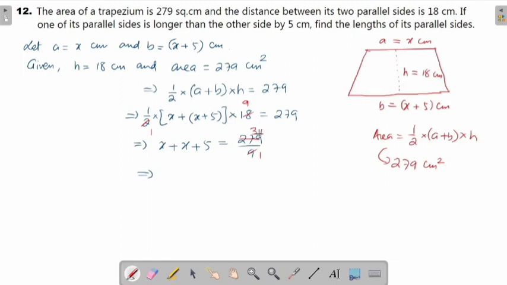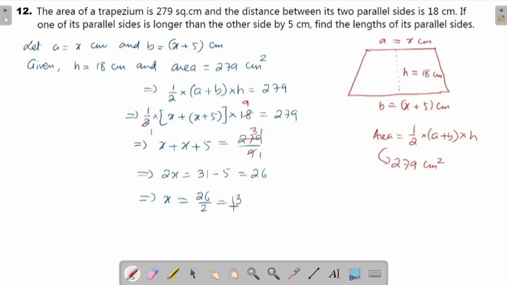So basically it is 31. So now we get x plus x is 2x. Bring this 5 over here, it becomes 31 minus 5, which is 26. So from here, the value of x turns out to be 26 by 2, which is 13.